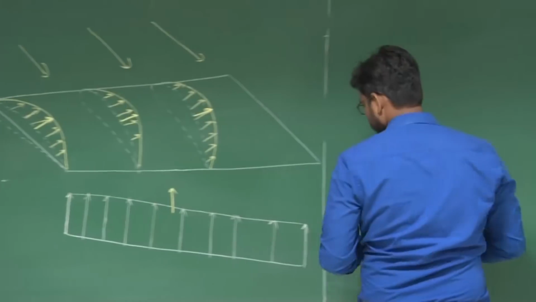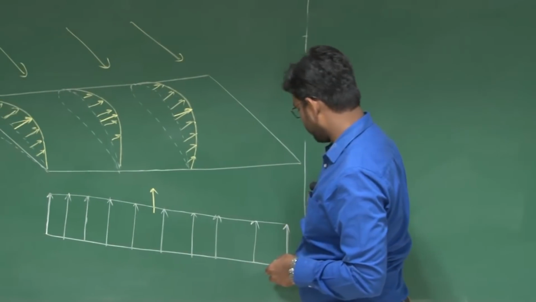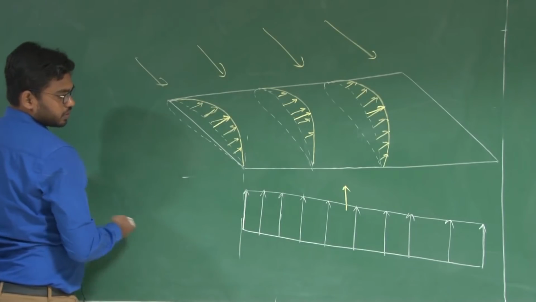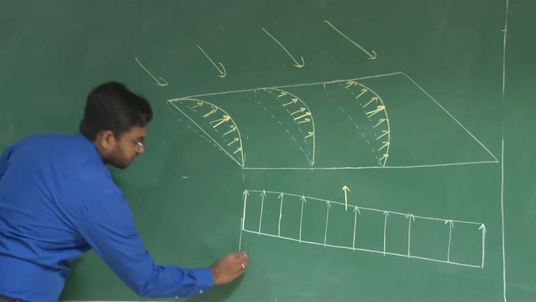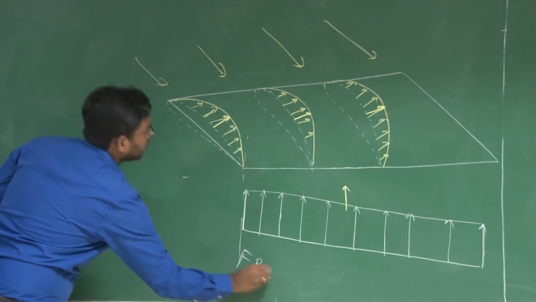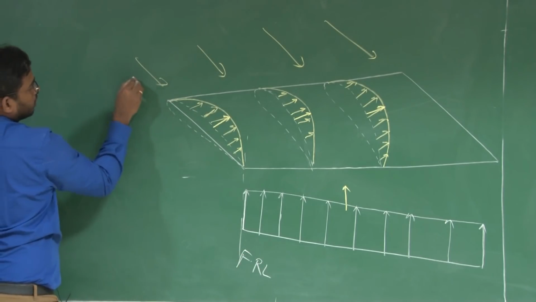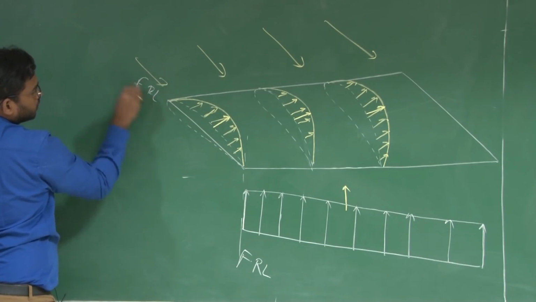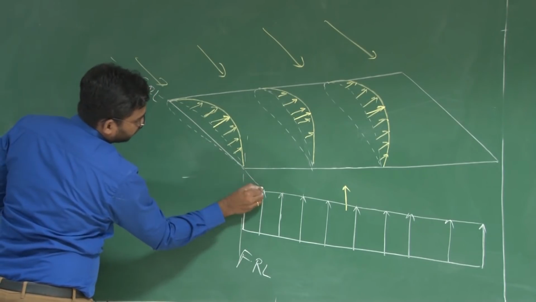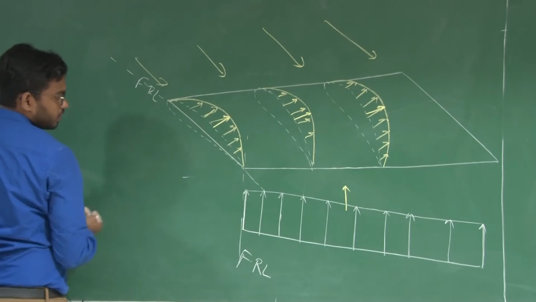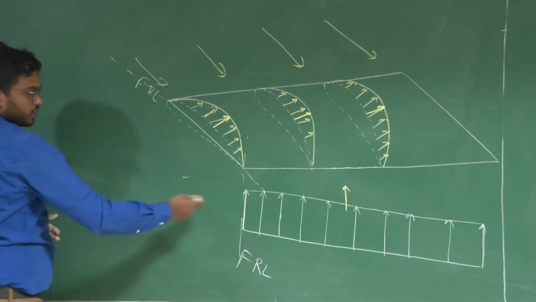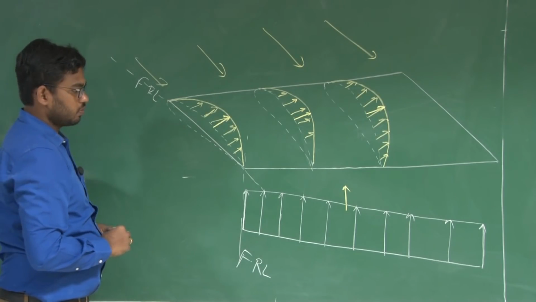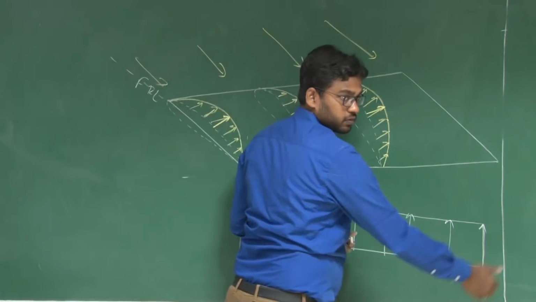Now, this is the tip. You'll have a wing symmetric about this fuselage reference line, say this is your FRL, fuselage reference line. So you'll have a symmetric wing with a symmetric distribution. But what happens at these tips?